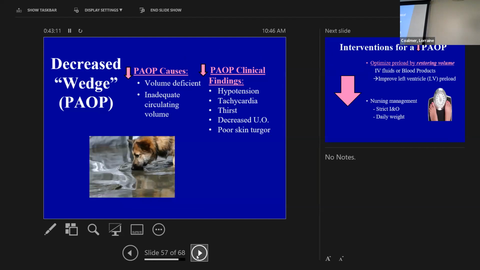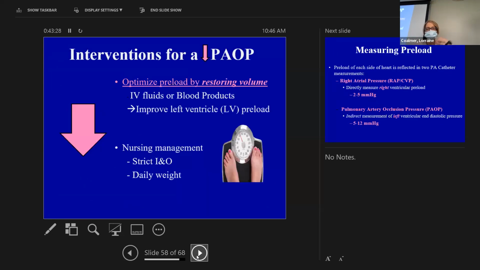Again, preload, left side of the heart. Restore my volume. See, doesn't that make sense if you just think left versus right? Restore my volume. All the same things with decreased fluid volume deficit. If I'm bleeding, give me blood.